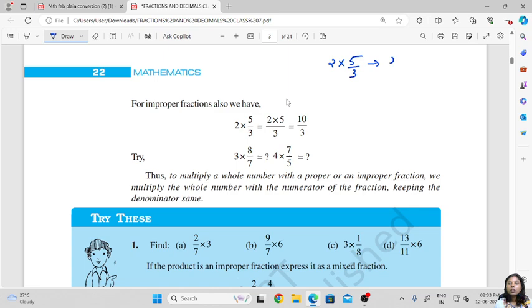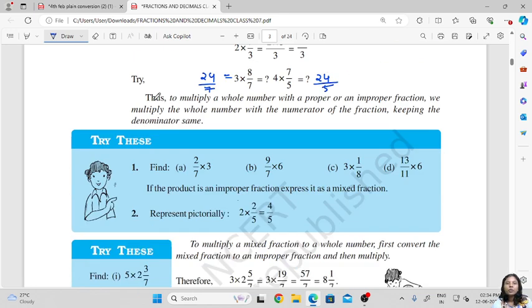So it will be 2 into 5 upon 3, so this will be 10 upon 3. Now if we try to solve this one, here we'll get 8 3s are 24 upon 7, and here 7 4s are 28 upon 5.